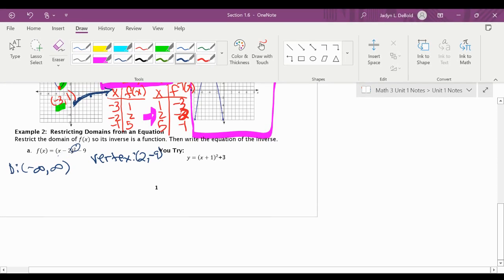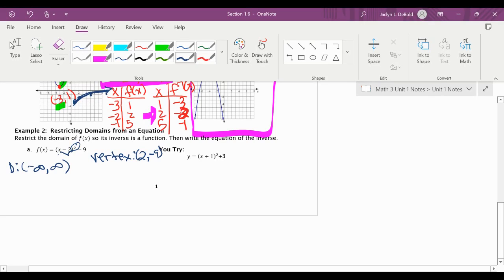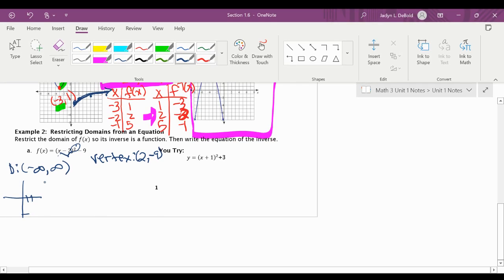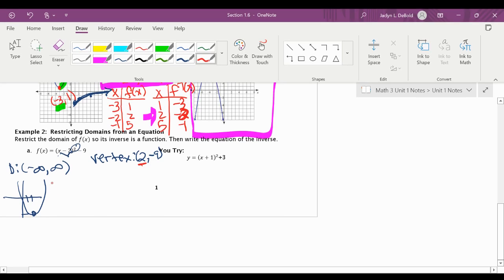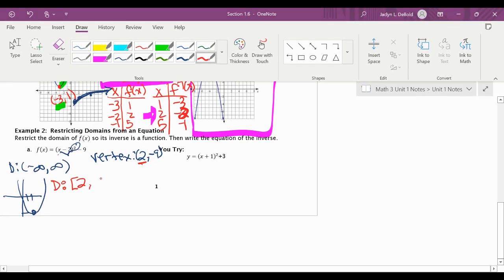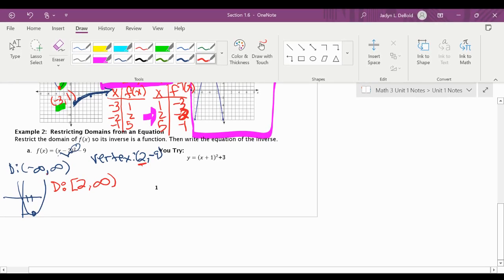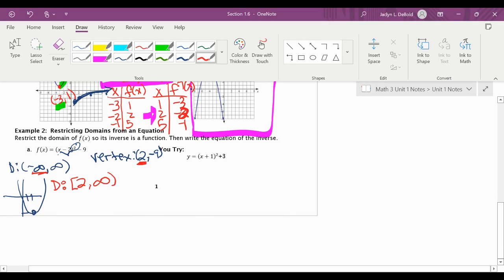So I take the opposite sign. And so I could see this would have opened up. So it would have looked something maybe like this down here. And so our new domain is actually going to start with the x value of the vertex. That's probably the easiest way to do it. And goes to infinity. So instead of using negative infinity, I'm going to use the 2.